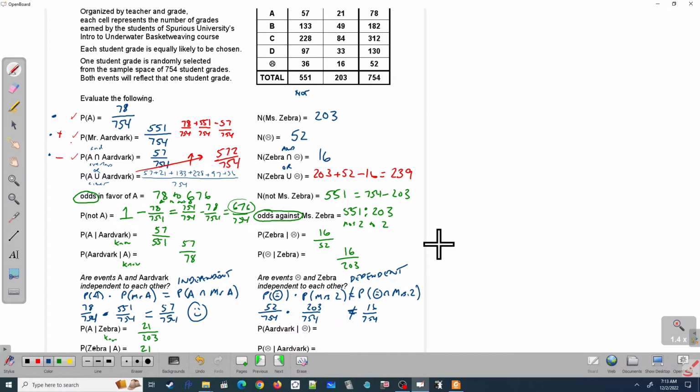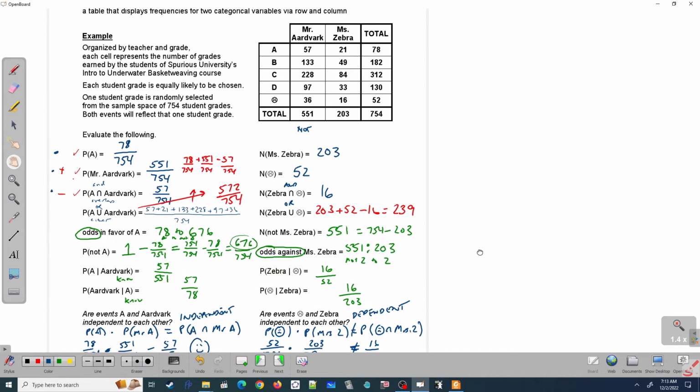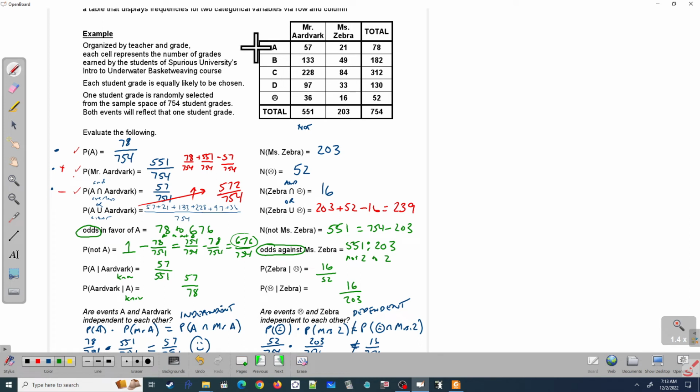And so I'm just going to give you a little heads up. The way I set this table up, I actually made these three events independent. So if you got a good grade, A, B, C, it really didn't matter which teacher you had. Mr. Aardvark would always have the same proportion of A's as Miss Zebra.